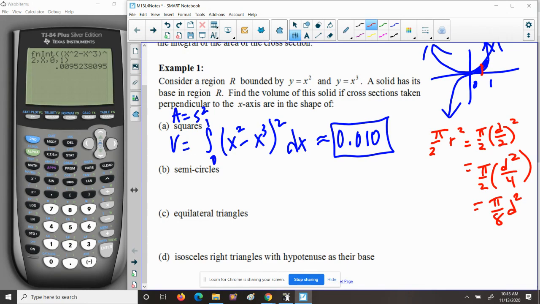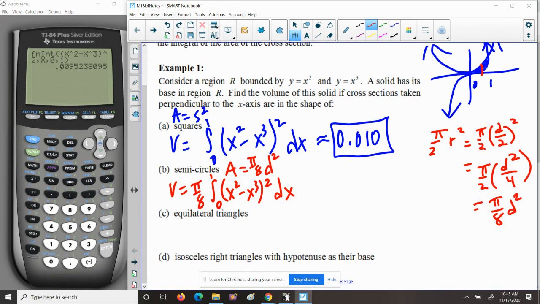So now we know that we could always write our area in terms of the diameter for a semicircle as pi over 8 times the diameter squared. If we try to set that up, pi over 8 times the diameter squared, where diameter is upper minus lower, that makes this a lot easier to figure out. Pi over 8 times the integral from 0 to 1 of upper minus lower squared, so x squared minus x cubed all squared.